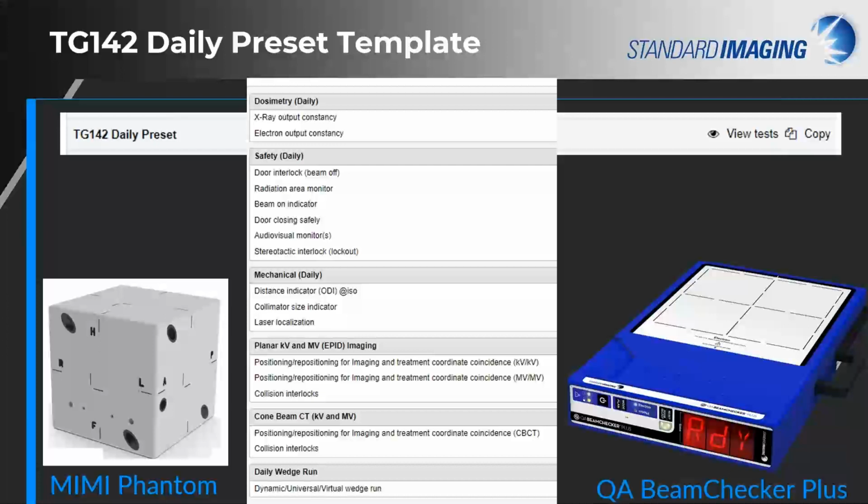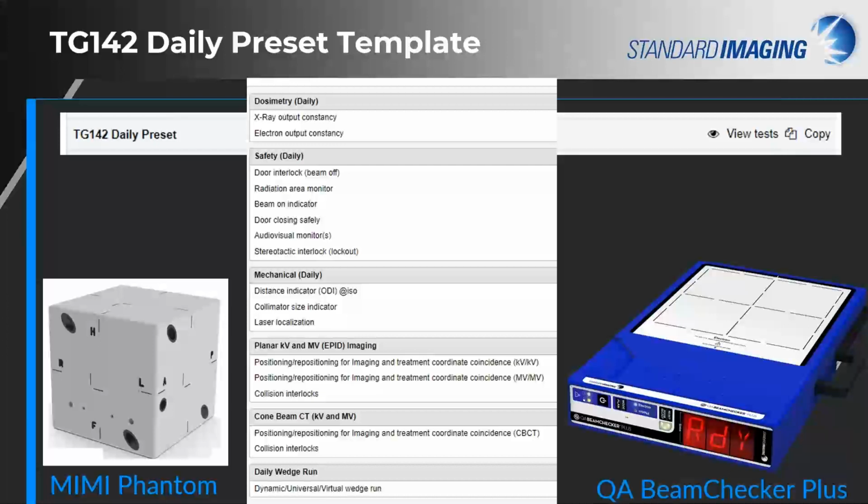So should your site have additional daily QA tasks, we likely already have them as a built-in test available to select and simply add to this list or to a scheduled template, or if it is not actually already built in, then we provide you with ways to customize a particular test or create custom tables to accommodate the additional QA that you wish to perform.